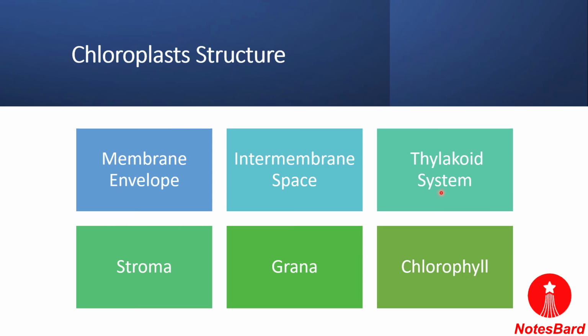Now the thylakoid system is suspended in the stroma. It is a collection of membranous sacs called thylakoids, and the green color is present because of which pigment? Because of the chlorophyll, which is found in the thylakoid membrane.